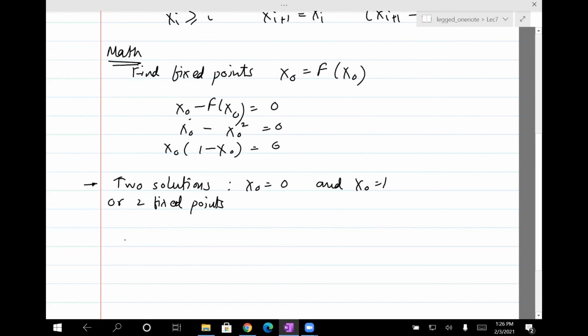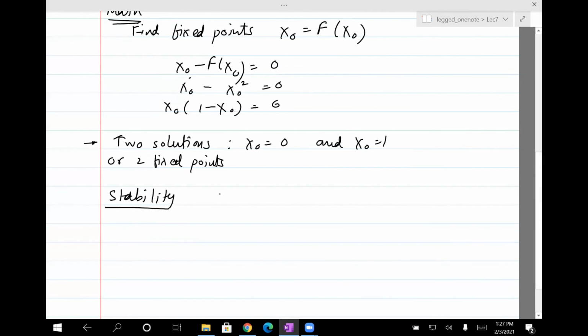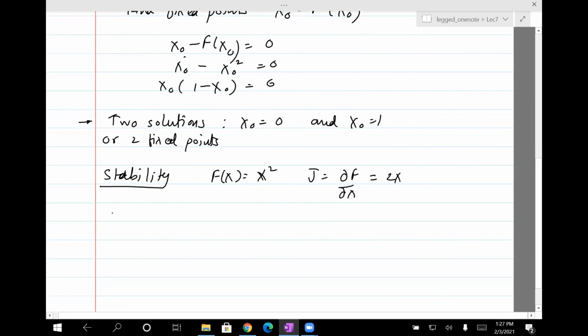Now let's go to the stability. We have f of x equals x squared, so we need to find the Jacobian, which is df/dx, that's 2x. If we find the Jacobian at x equals 0, we have 2 times 0 is 0, which is less than 1.